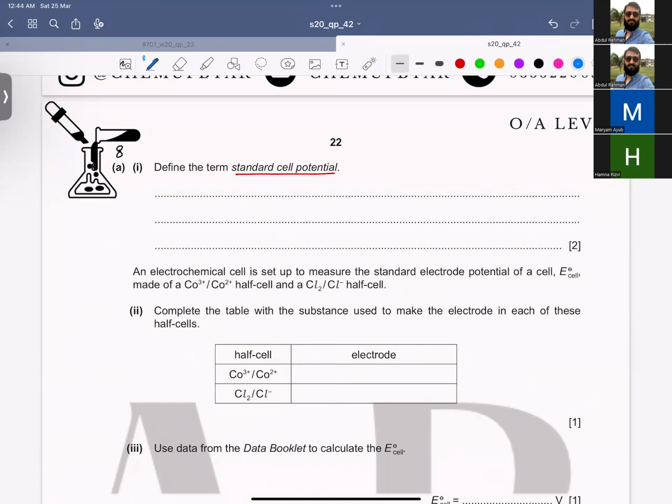So you can write, it is the potential difference between two half cells under standard conditions, and you may mention the standard conditions.